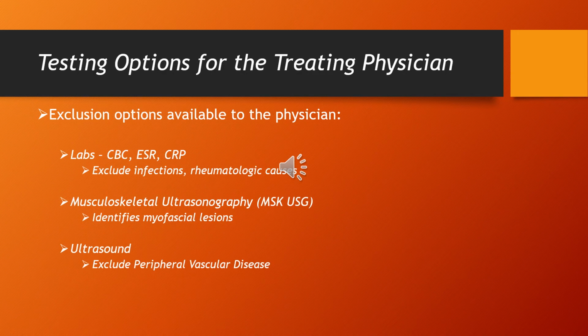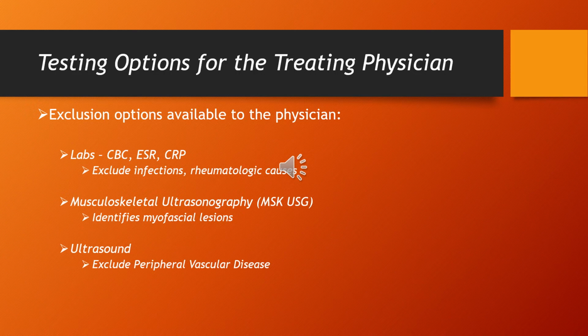Now, as I continue to remind you, since there are no specific diagnostic tests to confirm CRPS, basically we're stuck with the exclusion options. Some of the exclusion options include, first, I guess we start with the blood work in the labs. You can order a CBC, an ESR, erythrocyte sedimentation rate, or a C-reactive protein.